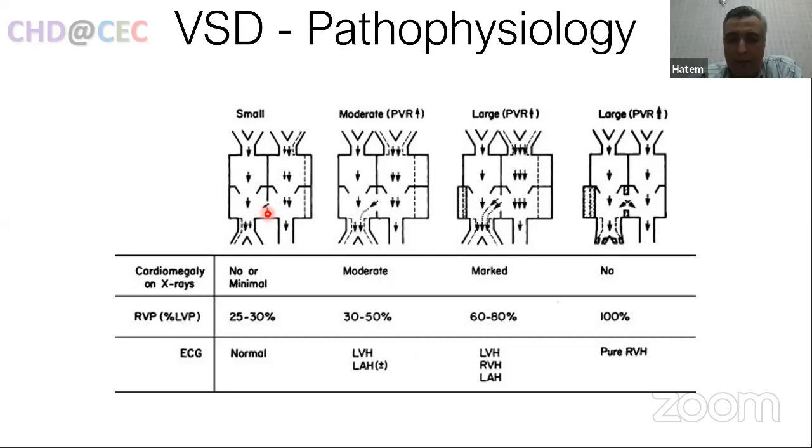The larger the VSD, the more signs and symptoms for the patients. So in moderate VSD, you get moderate signs of cardiomegaly on X-ray and ECG, and RV pressure is approaching half systemic. Large VSD gets significant dilatation, but also hypertrophy of the right ventricle. So you get a dilated left side and RV hypertrophy.